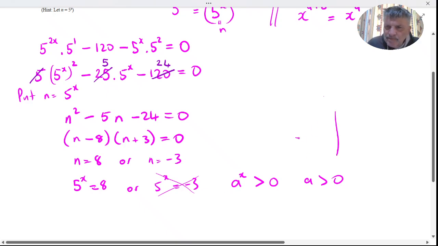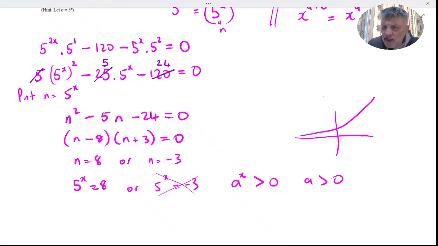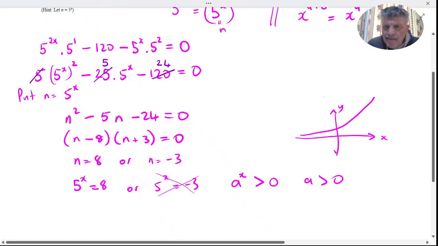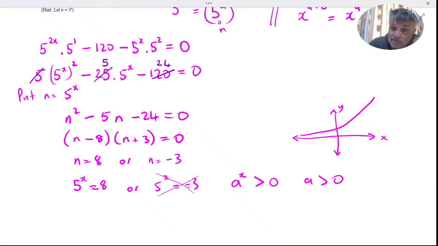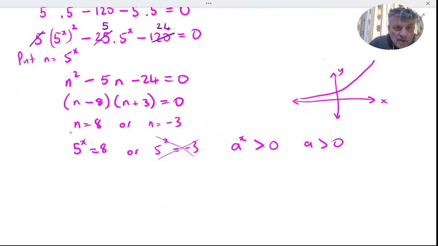Exponential graphs look like this. They have an asymptote down here. So there's no number x that will make 5 to the power of x equal to negative 3. And this one here we solve by logarithms.